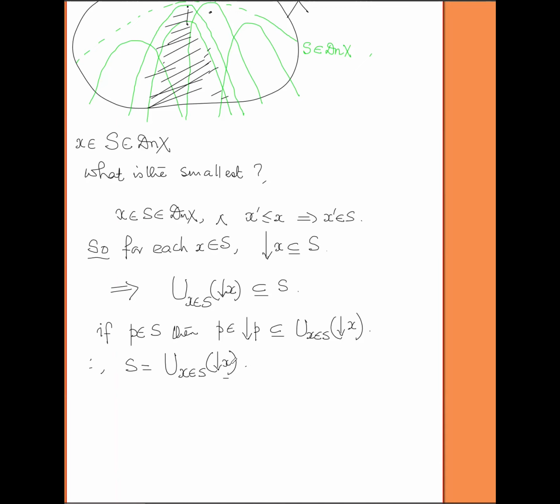And in fact, this therefore tells me, now let's see. So suppose I have a downset S is smaller than some such thing like this. What does this mean?